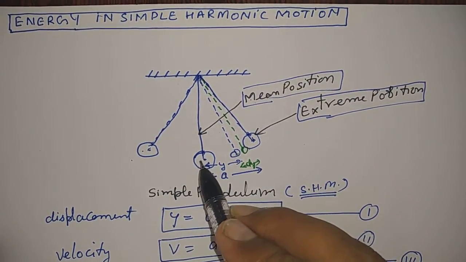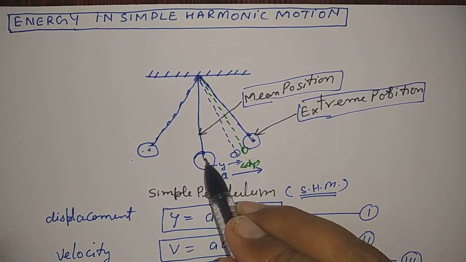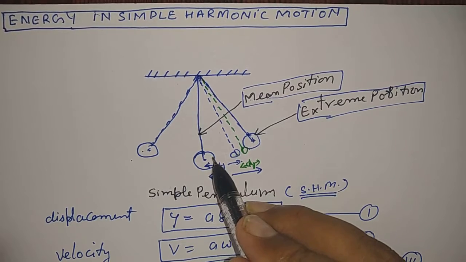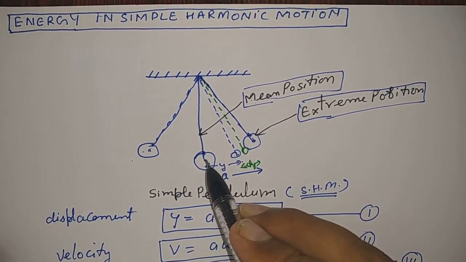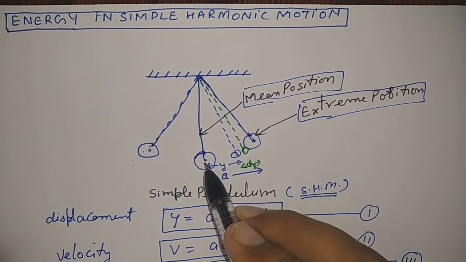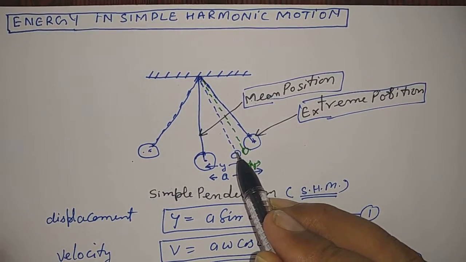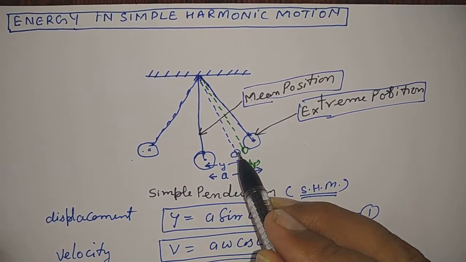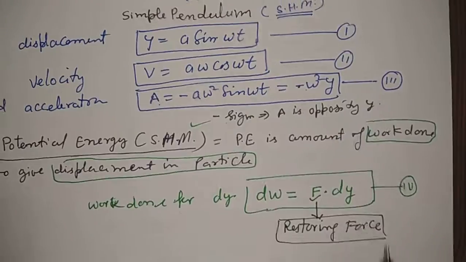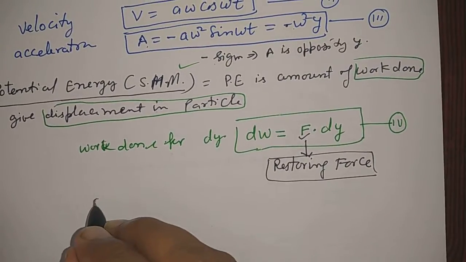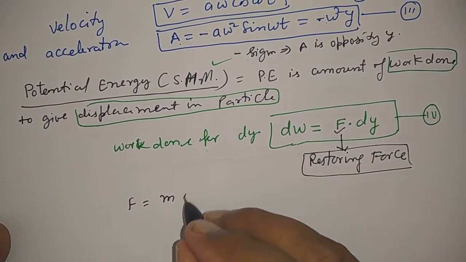We do work on the pendulum to make it oscillate, and this work is in the form of potential energy, right? And a restoring force develops which tends to bring it to the mean position. Now restoring force F is equal to mass of pendulum into acceleration.